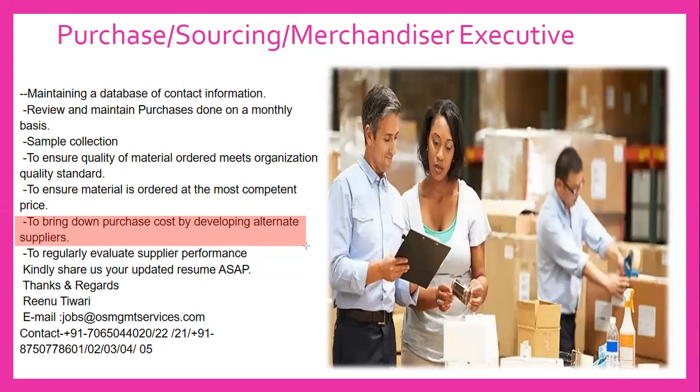So you always have to keep in mind that an alternative is also required for any supplier. Otherwise, if there is any mishap in the supplier's production line, the raw material will not be available at our factory.